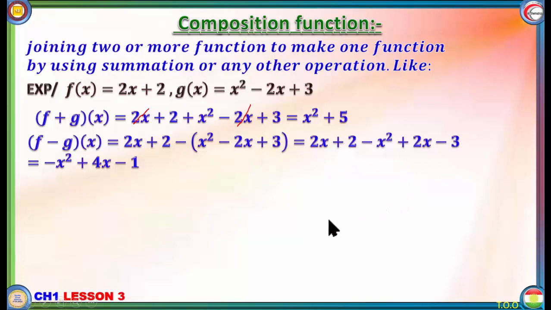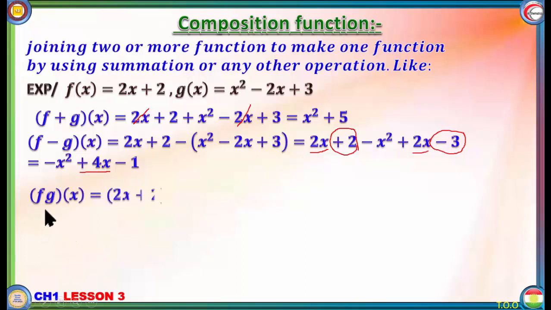And now write minus x squared first, then for 2x, you have 2x plus 2x, it equals 4x, and you have plus 2 and minus 3, it becomes minus 1. So minus x squared plus 4x minus 1 is a new function.